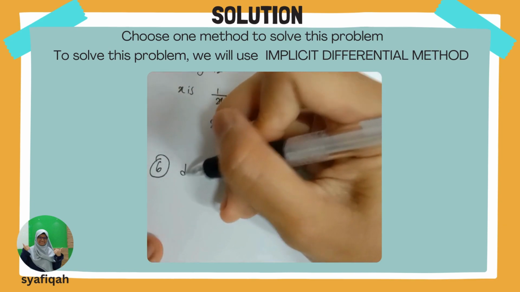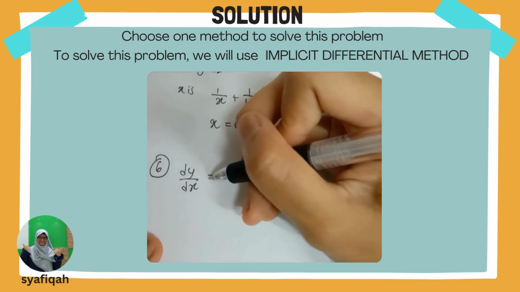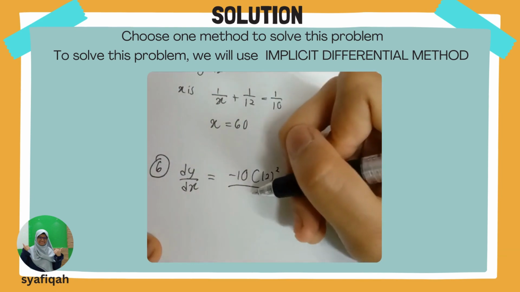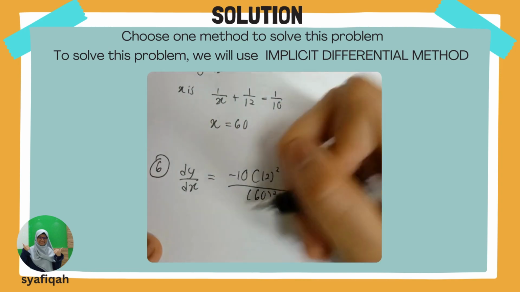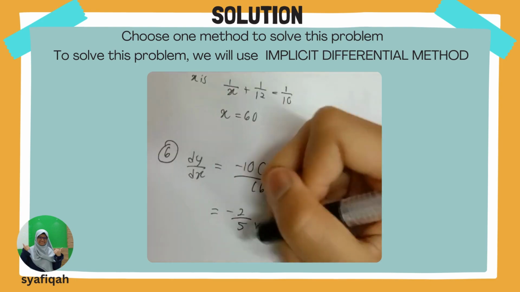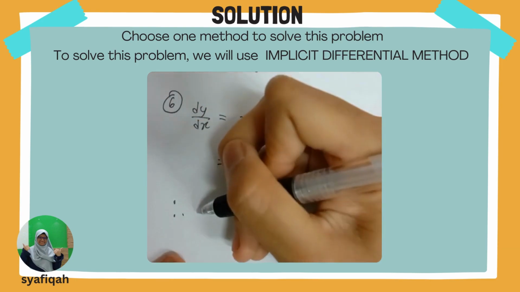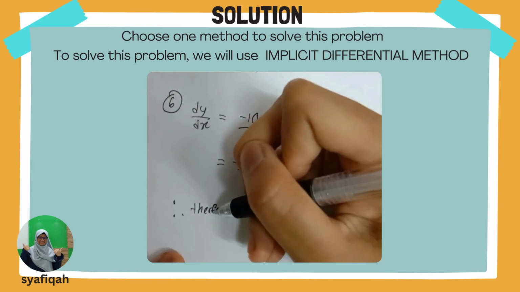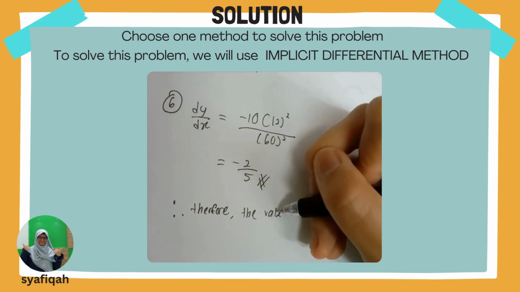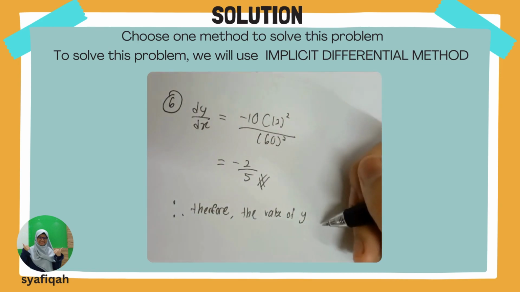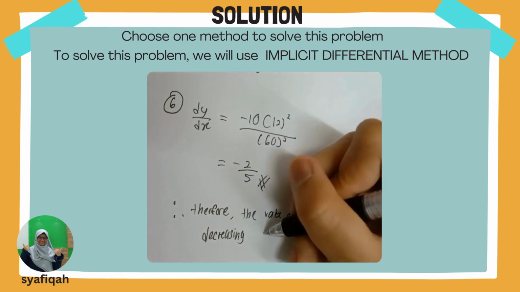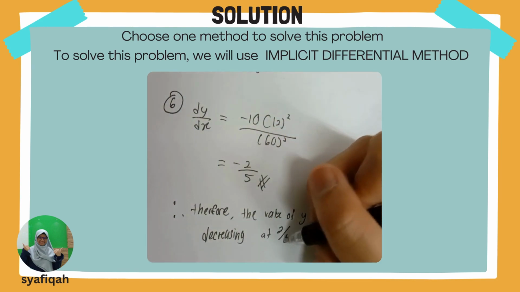So lastly, we want to find the value of dy over dt, which is negative 10 multiplied by 12 squared over 60 squared, and we get negative 2 over 5. Therefore, the answer to the question is that y is decreasing at 2 over 5 meters per second.